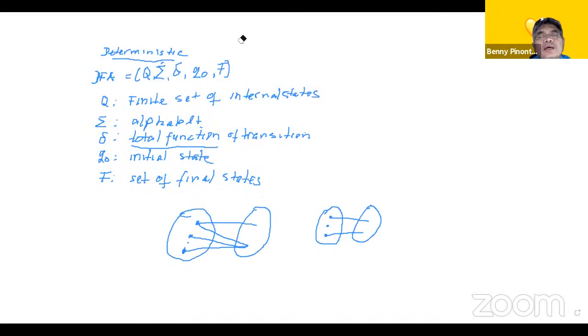Okay, we're just gonna see some example. The example is this. So you have the Q. For example, Q is Q0, Q1, and Q2.